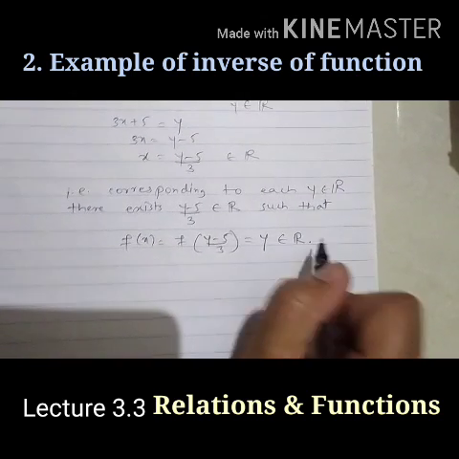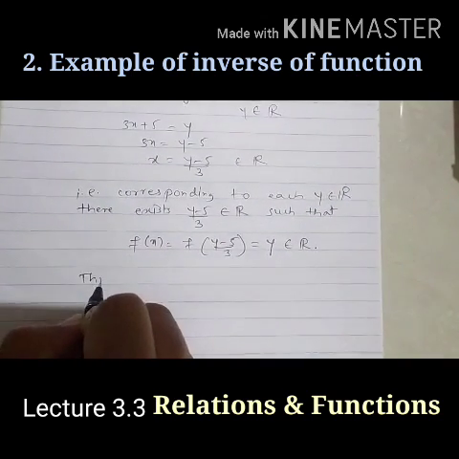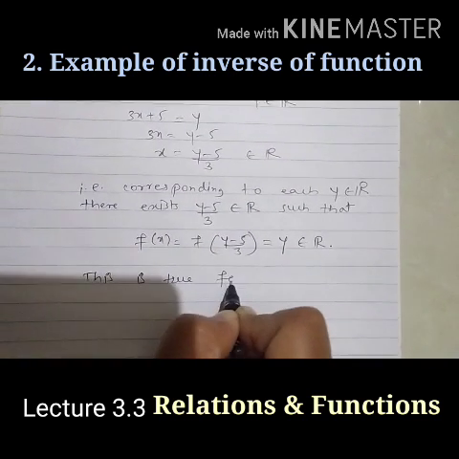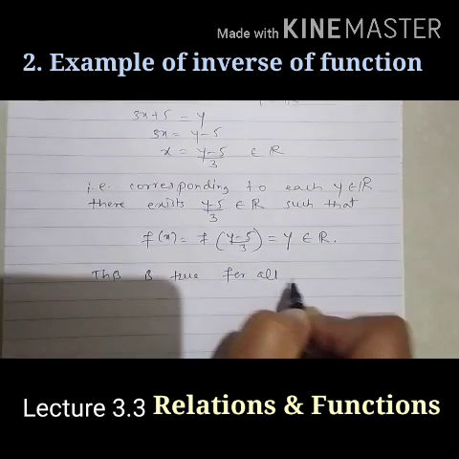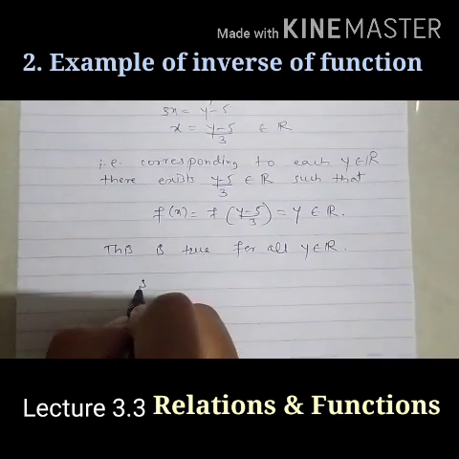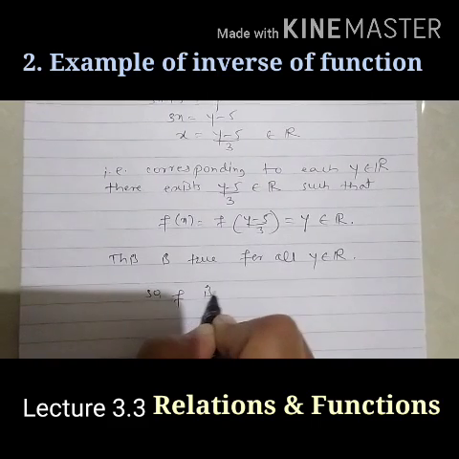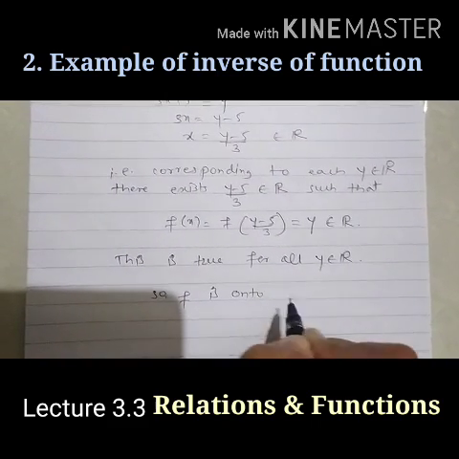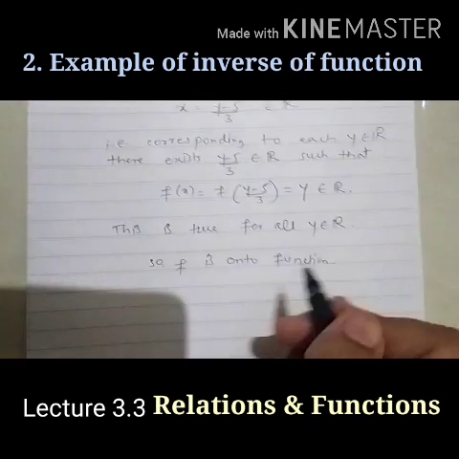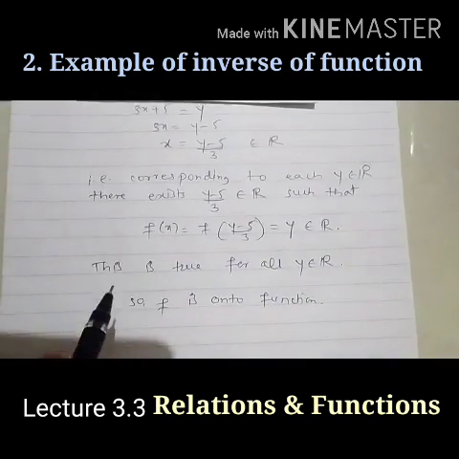Okay, so this is true for all y belonging to R. So f is an onto function. So f is 1-1 as well as onto.